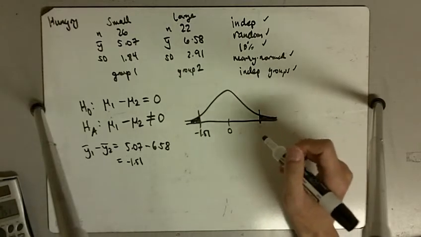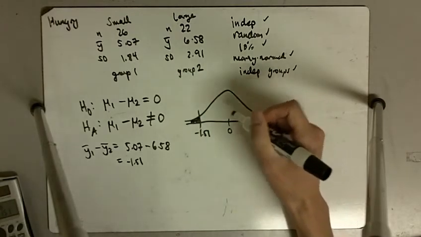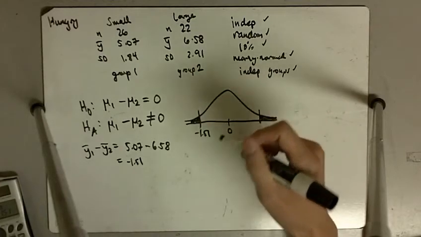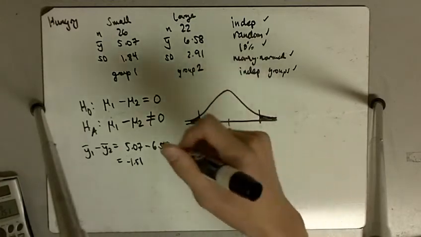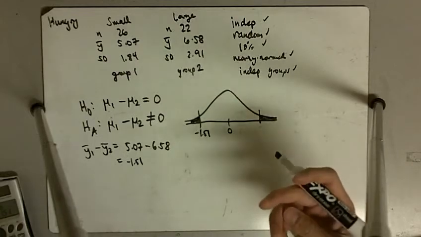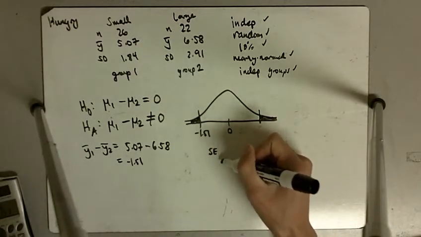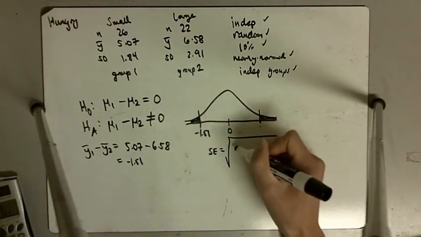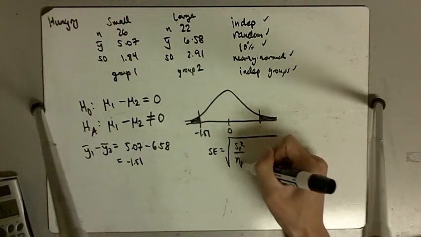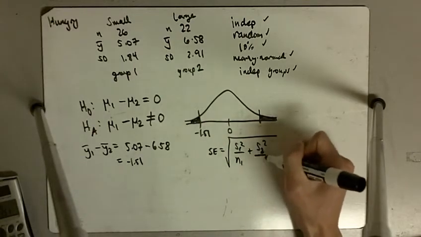So under the null hypothesis, this would follow something like a normal distribution, except it's actually the t-distribution because we're using standard deviations as our best guess for sigma. And the standard error is going to be governed by s1 squared over n1 plus s2 squared over n2.